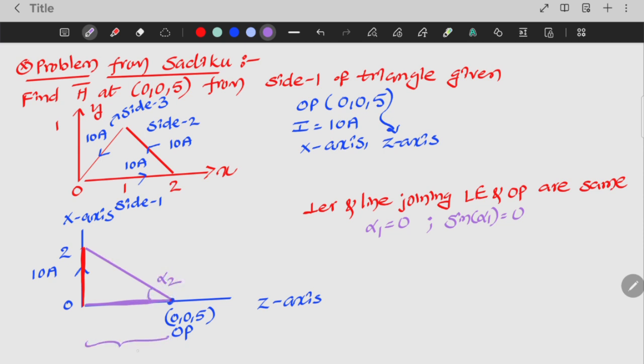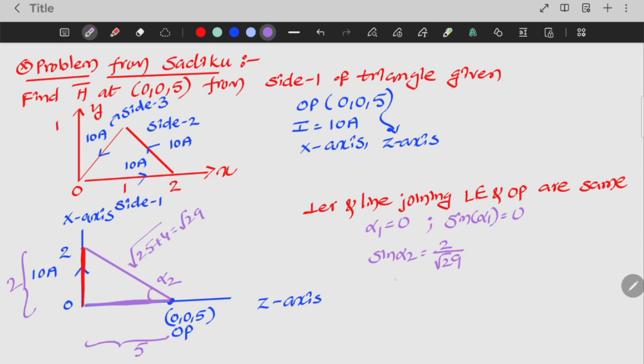We know the perpendicular distance is 5, and this length is 2. So we can write the hypotenuse as root of 25 plus 4, that is root 29. So how to define sin alpha 2? Sin alpha 2 is equal to opposite, 2, over hypotenuse, root 29.